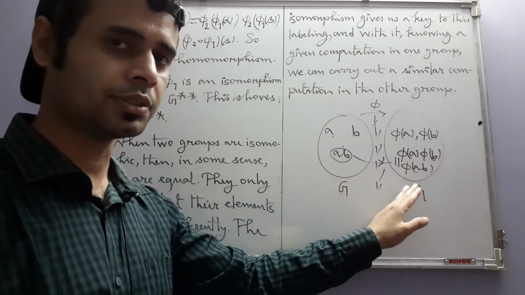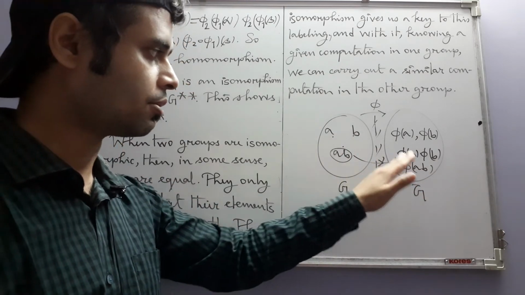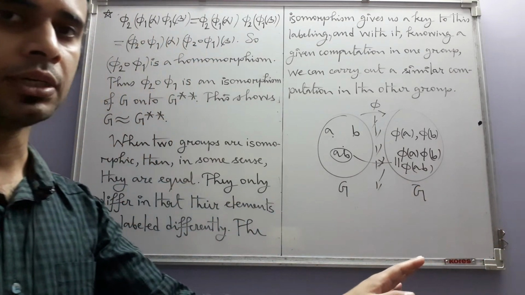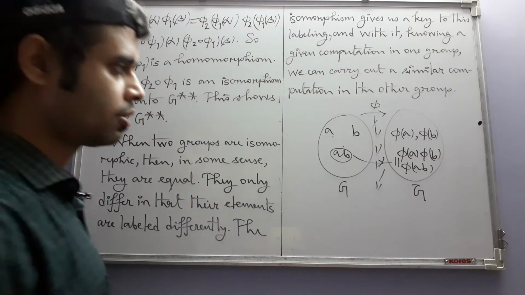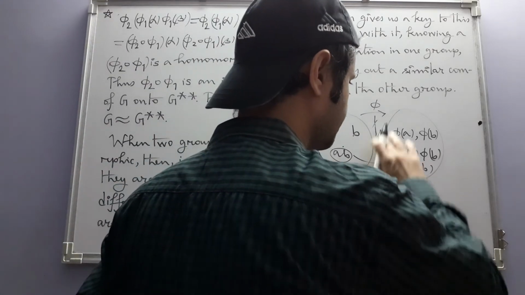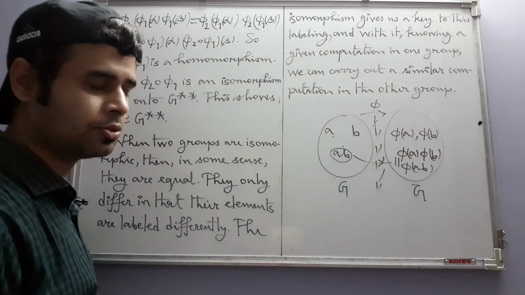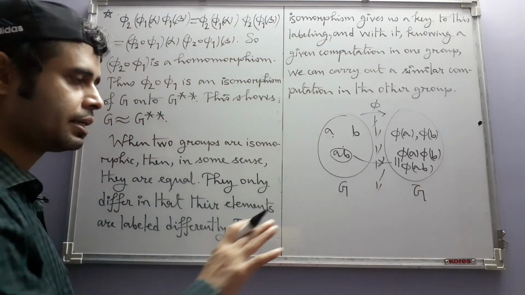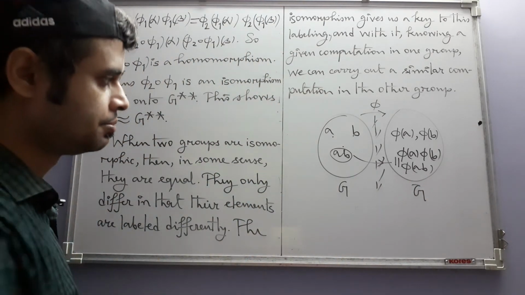If the homomorphism is not onto, then some elements may lie outside of its image set consisting of all the outputs of the function.